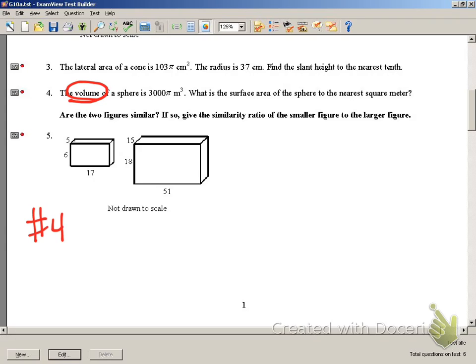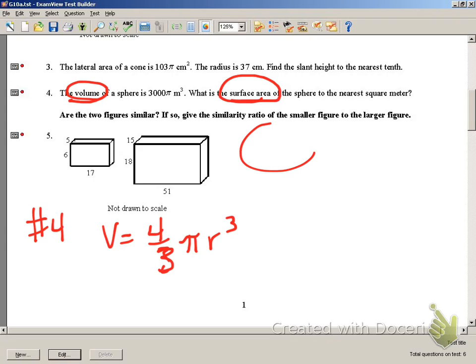Now, the volume for a sphere is 4/3 pi r cubed. We want to know the surface area. In order to find the surface area, we have to know the radius of this sphere. That's our whole goal first. Once we know the radius, then we can find the surface area.